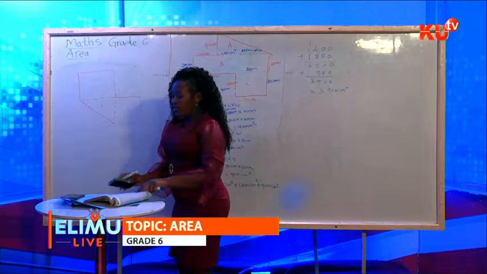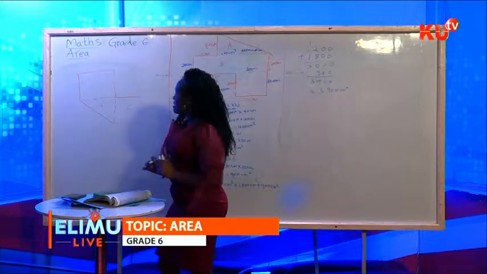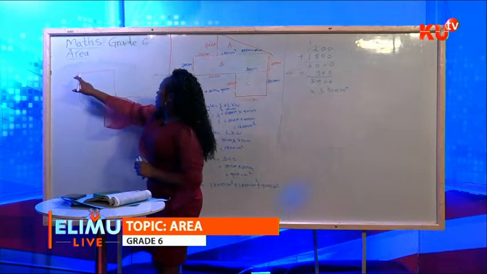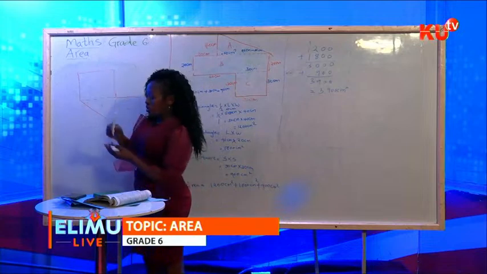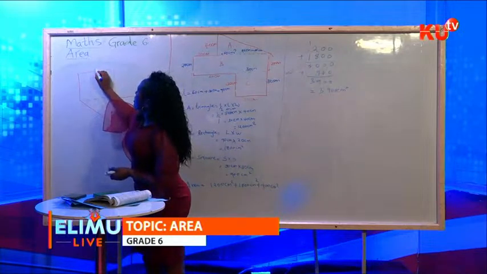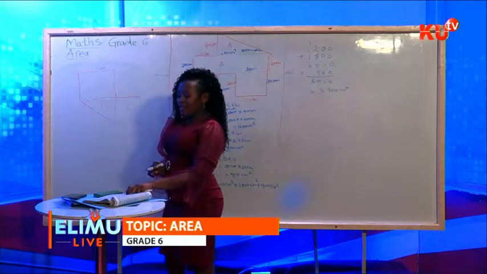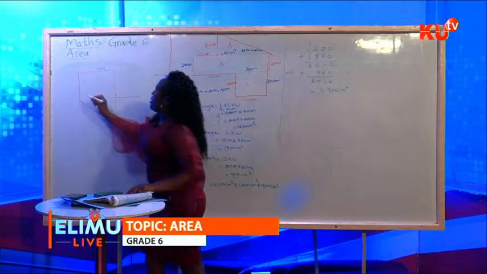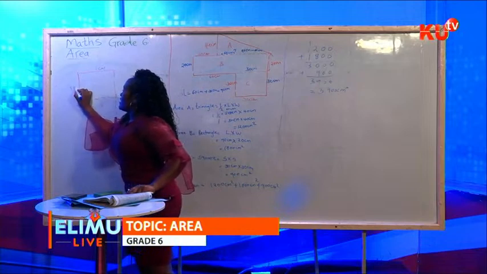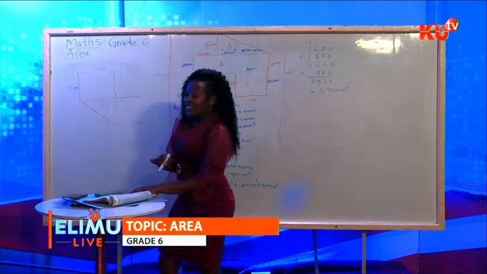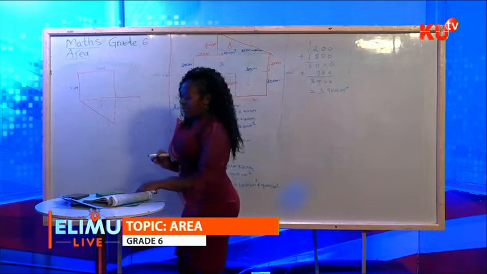Then there are some measurements which are given for us. We have been given that the length of a rectangle is equal to 10 centimeter, and then we have been given that the width of a rectangle is equal to 5 centimeter. Are we together, learners? Yeah.